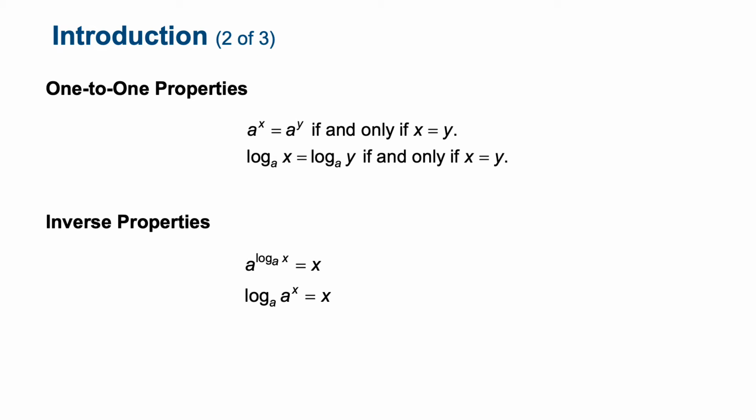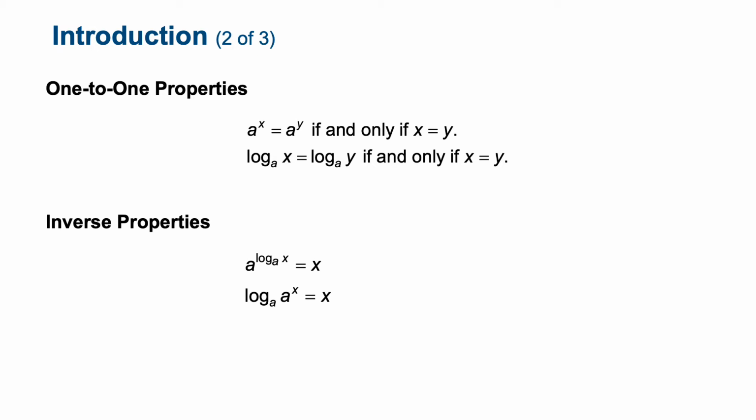And then also the inverse properties. If you have a to the power log base a of x, where the exponent itself is a logarithm with the same base, these cancel out and you're left with the argument of the logarithm, which is x.